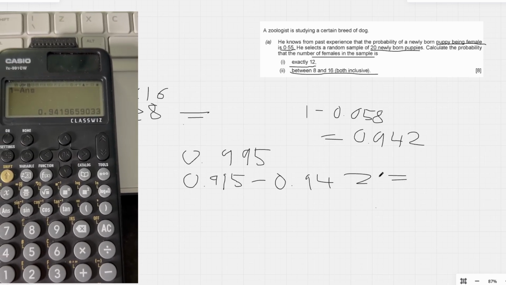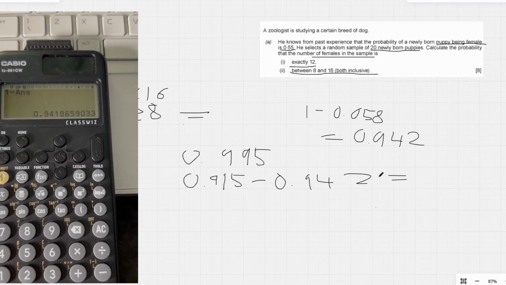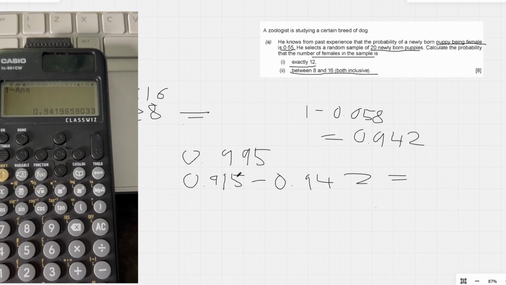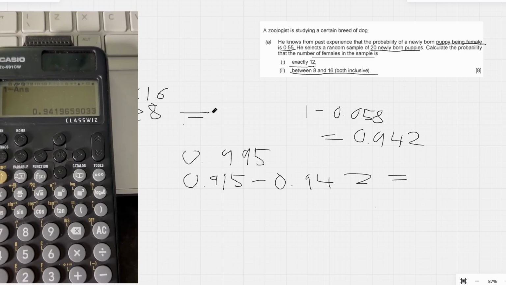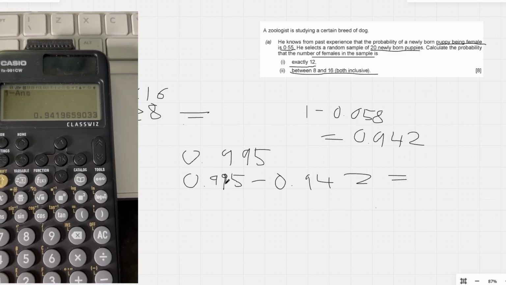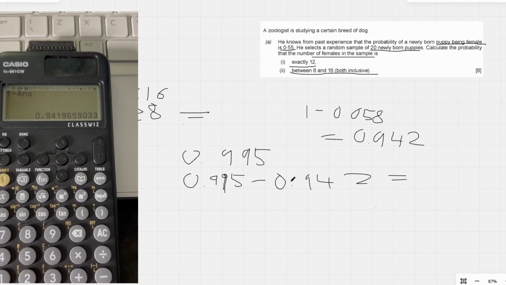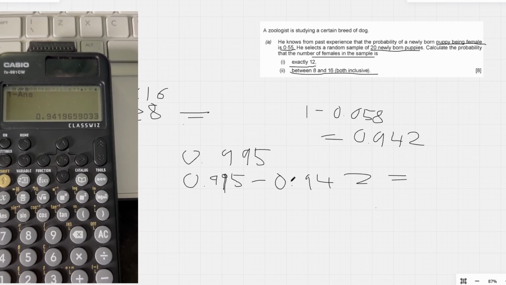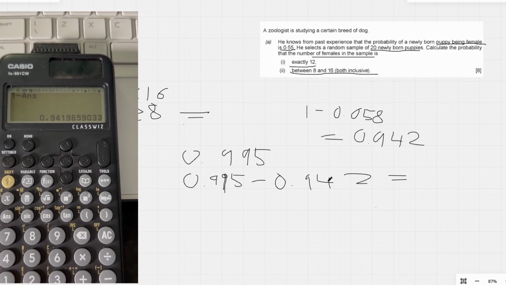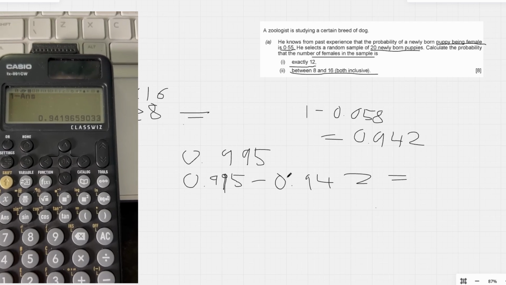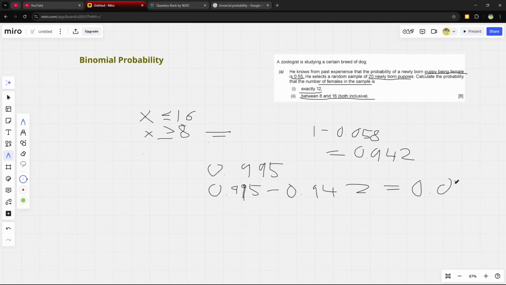So that gives me 0.942. And we can do our final calculation of 0.995, the original number, minus 0.942, which gives 0.053. So that completes both the questions.